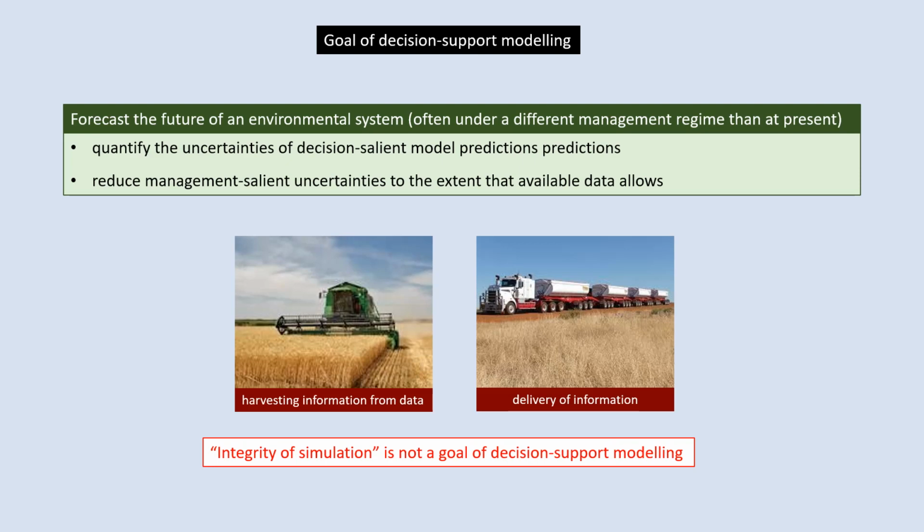As is discussed in other monographs and videos, I don't think this is something we can really achieve, and often attempts to achieve it actually get in the way of achieving the thing we must achieve, and that is harvesting and delivery of information to those who need it. So with that in mind, let's focus on information and see what we can learn from a very simple model.